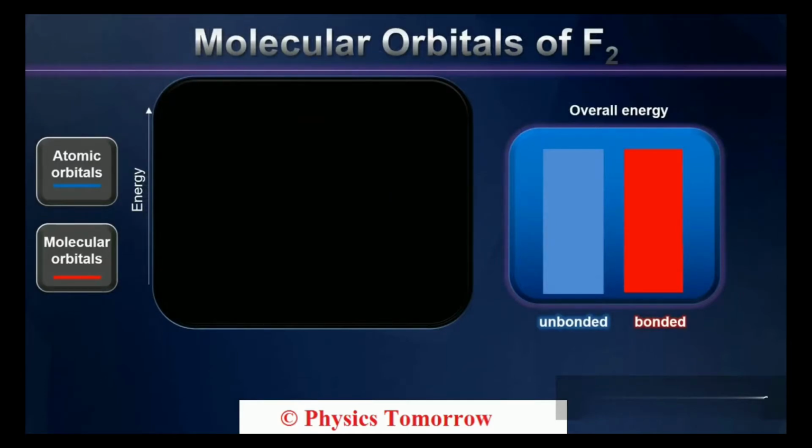Now let's expand our discussion and consider the molecular orbitals of elements from the second row of the periodic table. We're going to begin with fluorine. Now, fluorine, we know, has available p orbitals because it's in the second row of the periodic table. So atoms of fluorine have 3 different 2p orbitals to donate to forming new chemical bonds.